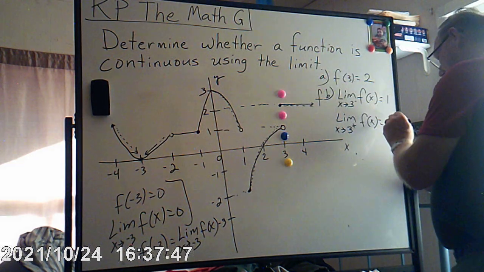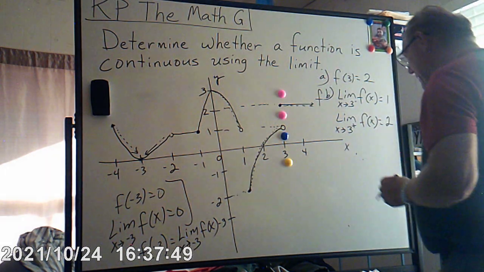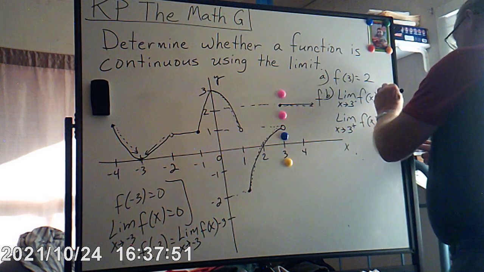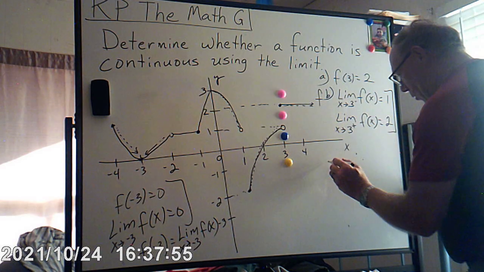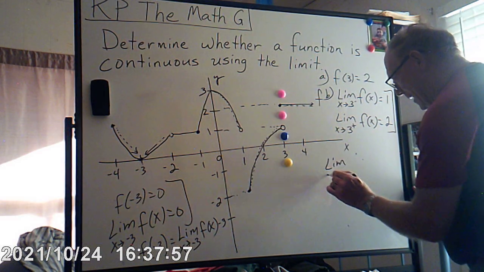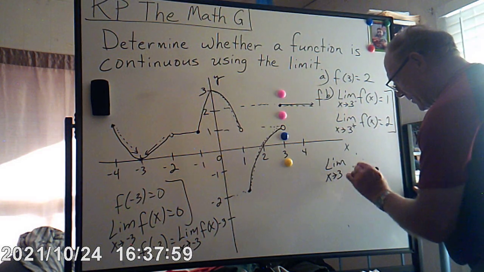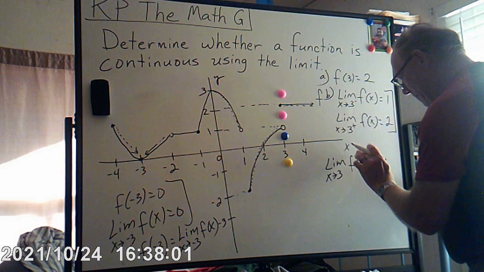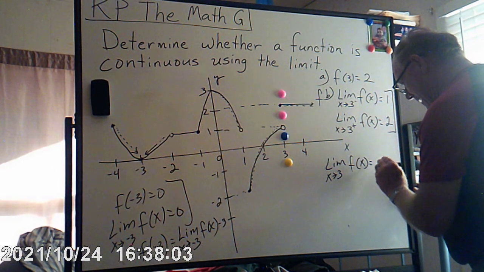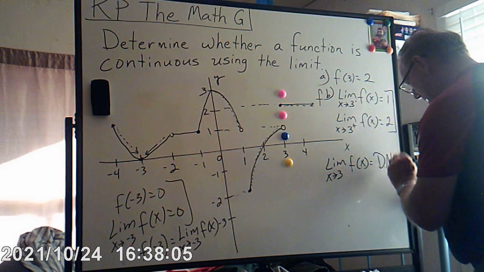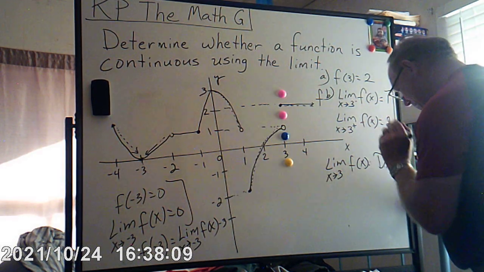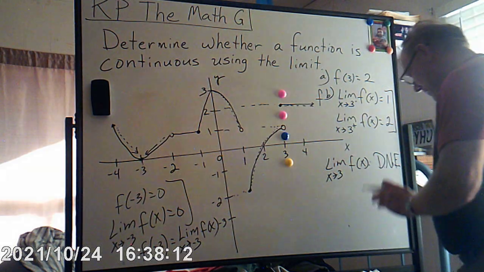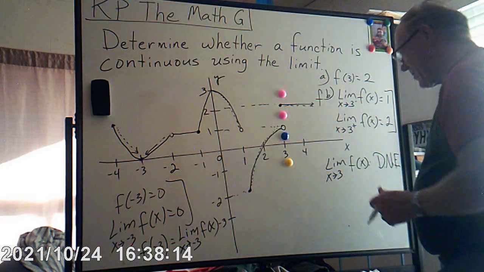We're going to say it is 2. It's even with 2. Well, these two pose a problem, don't they? So we say that the limit as x approaches 3 of f of x does not exist, DNE.